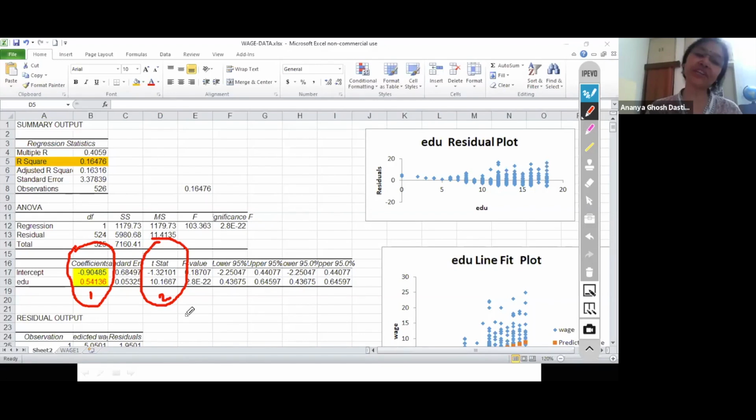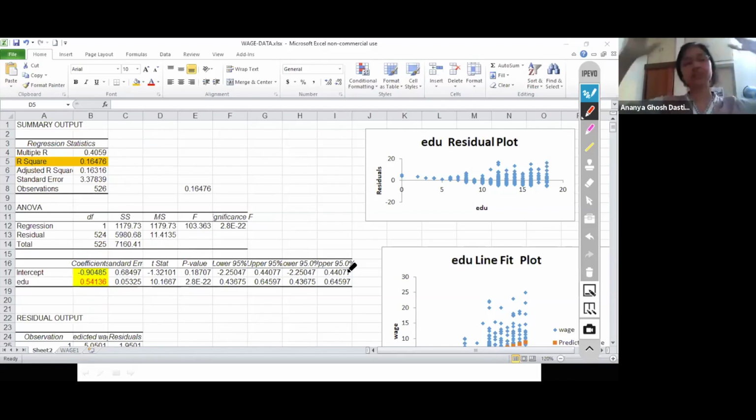I haven't spoken about this yet, but I will do so shortly. And what is the third part? The third part lies over here. What is the goodness of fit? Or what is the R squared from my model? So this is point number 3. Now we have already looked at 1. Now let us look at 3. We will come back to 2. So let us understand what the R squared is telling us.